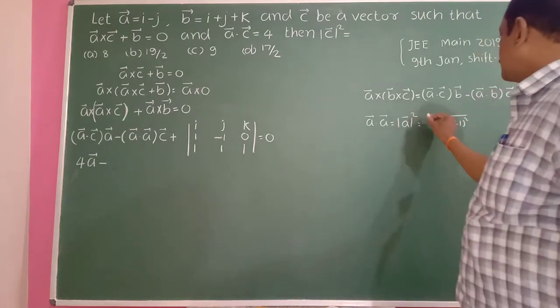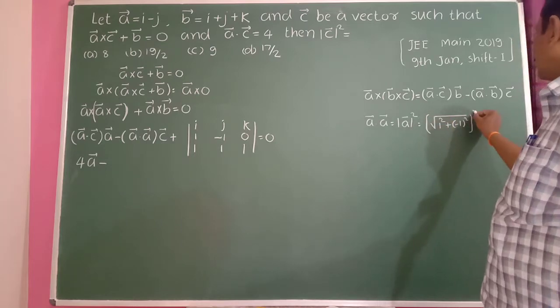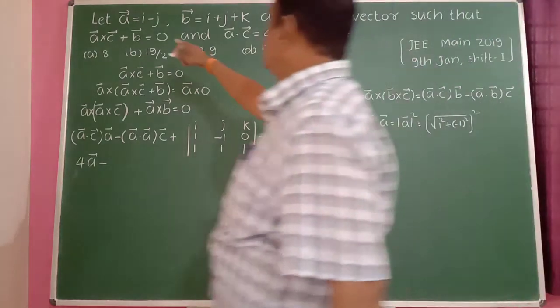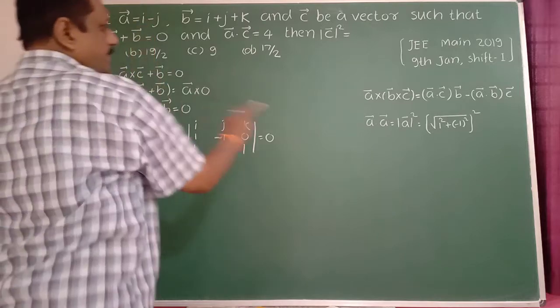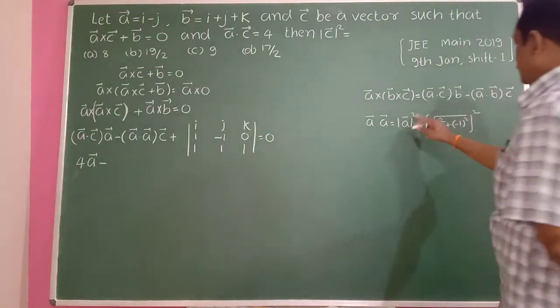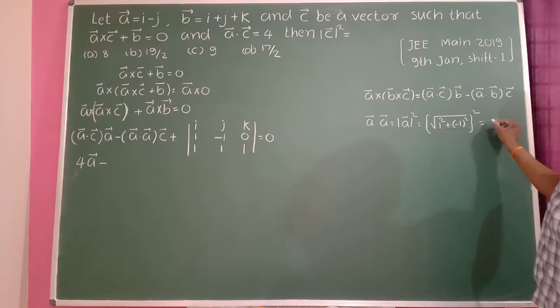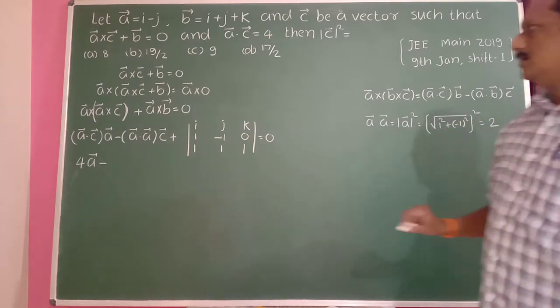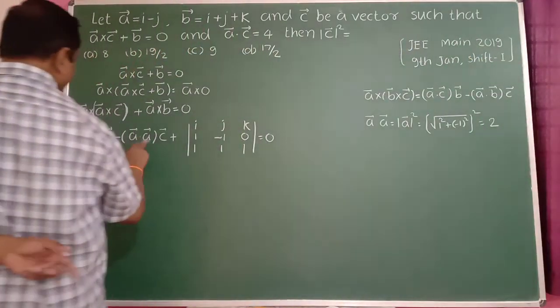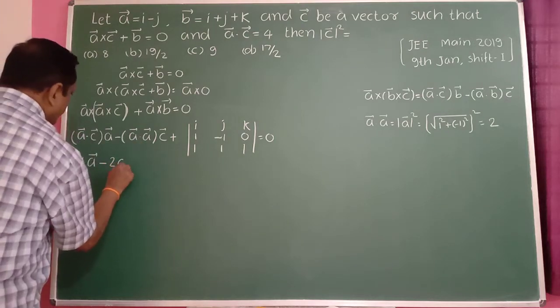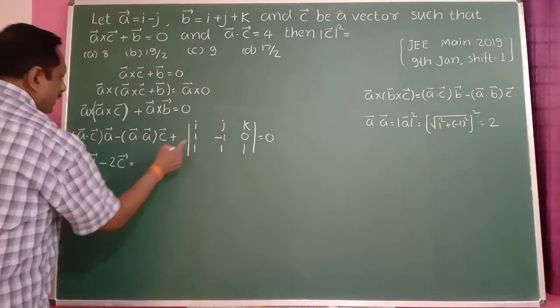Square root and square cancel, 1 plus 1 becomes 2. Therefore a bar dot a bar is 2, into the vector c bar.